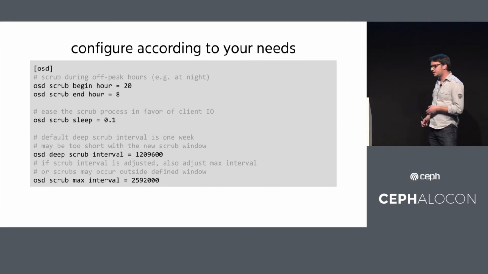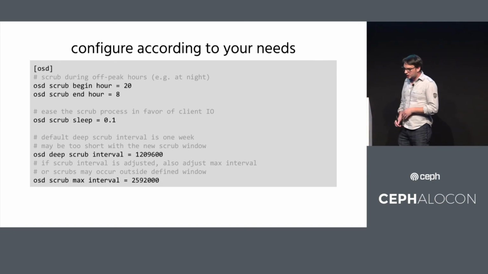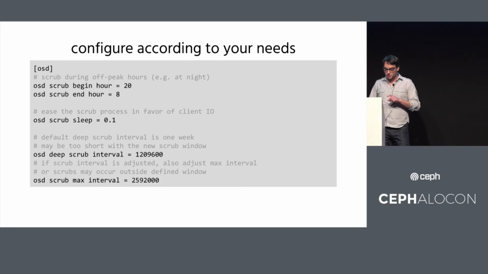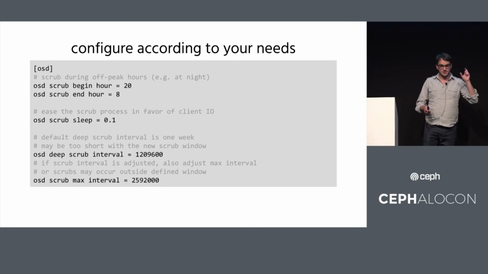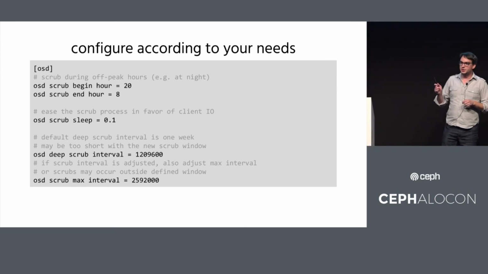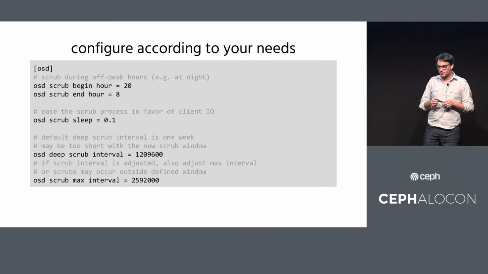It's a bit crazy and it's dangerous for your data. If you tune the window and the interval, you might want to also tune max interval. This is the amount of time after which Ceph will deep scrub your PGs anyway. So you can end up with PGs scrubbing outside of your defined scrub window, which can impact your performance.